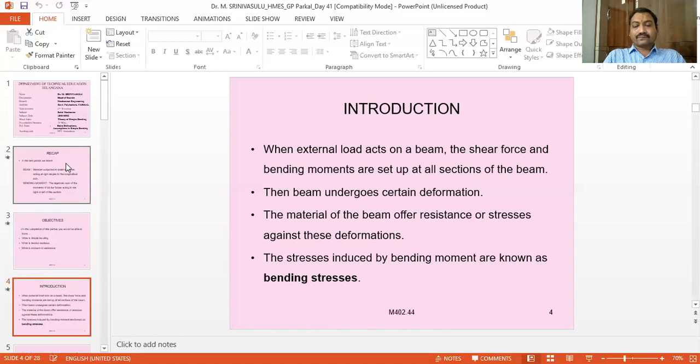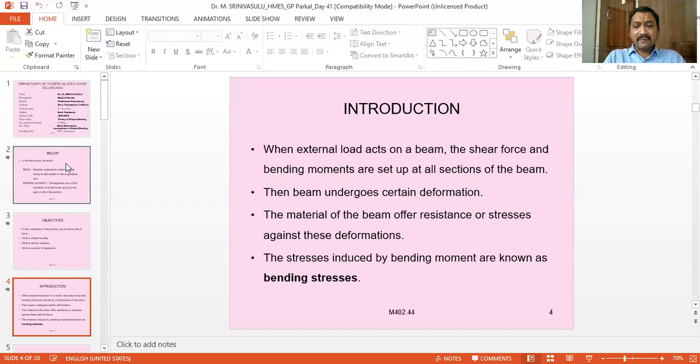Now whenever a beam is subjected to some external loads, it is also subjected to shear forces and bending moments, and the beam is made up of a material having some section. It may be rectangular section, or square section, or circular section.